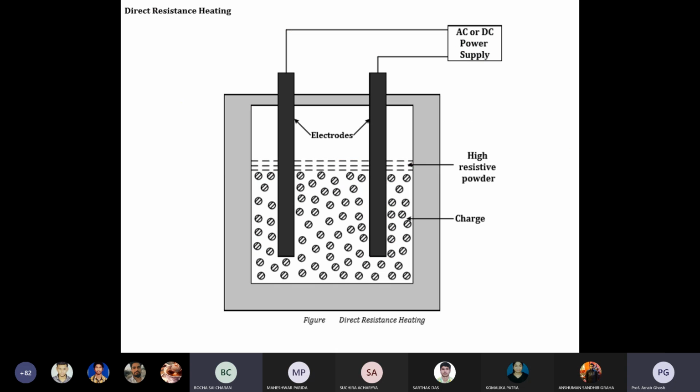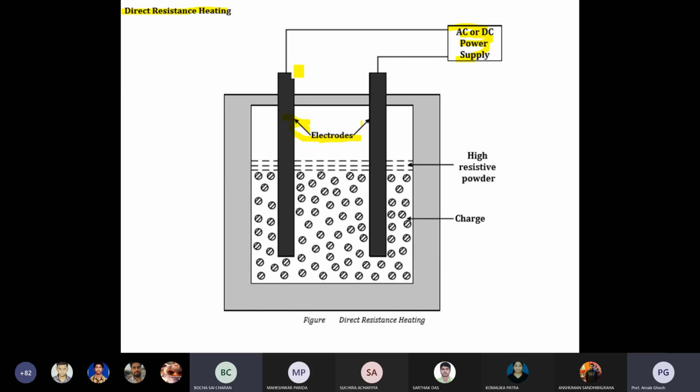So here we can see the diagrams of the direct resistance heating. Electrodes are mandatory in both cases. You know that two electrodes are there. The electrodes may be of different materials, may be copper, but normally we use carbon.